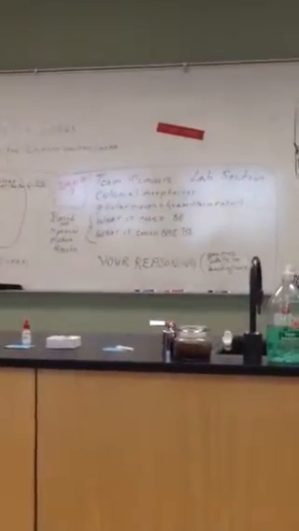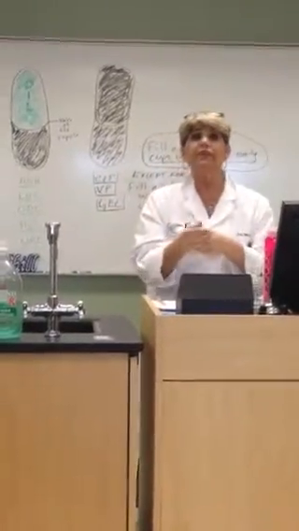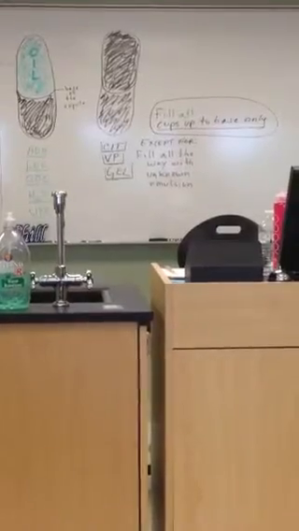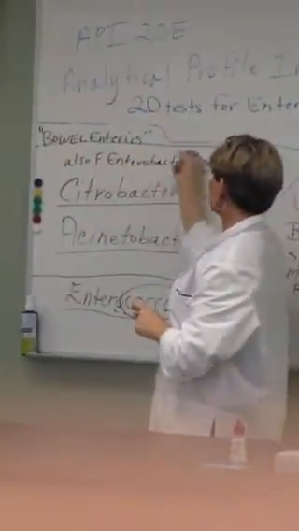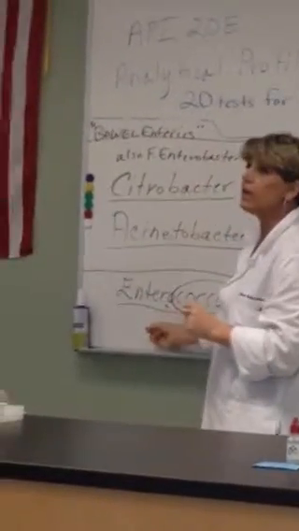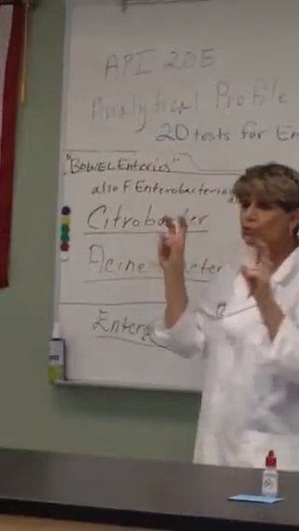Let's talk about how we're going to differentiate one Enterobacteriaceae from another. Let me back up a minute. Sometimes I'll say enterics. Sometimes when I say enterics, I'm referring to just this family. But sometimes when I say enteric, I'm referring to all the enterics in poop, including these guys. So this is kind of a general term, can be used either way.